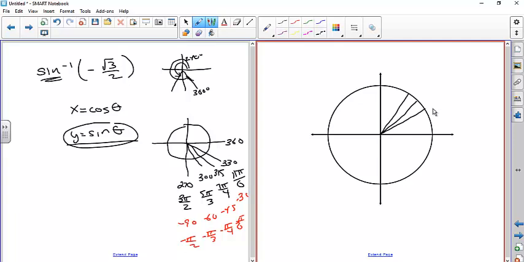You've got pi over 6, pi over 4, pi over 3, and you might label t for tangent. The tangent of pi over 3 is the square root of 3. The tangent of pi over 4 is 1, and the tangent of pi over 6 is the square root of 3 divided by 3. So those are the values for the tangent.